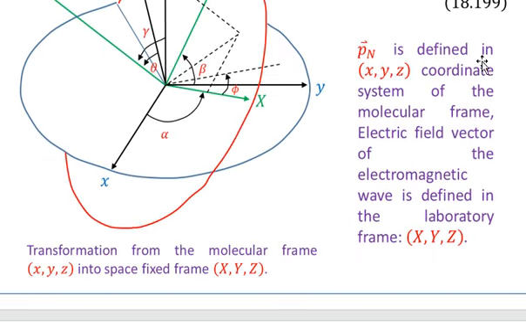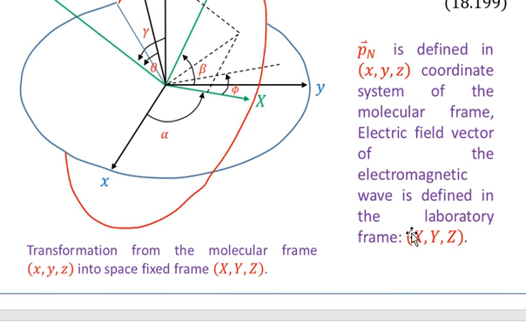Now Pn is defined using the XYZ coordinate system of the molecular frame. So in order to specify Pn, we shall use the XYZ coordinate system of the molecular frame, whereas the electric field vector of the electromagnetic wave, which is incident on the molecule, will be defined in the laboratory frame system, which is the capital X, capital Y, and capital Z system.